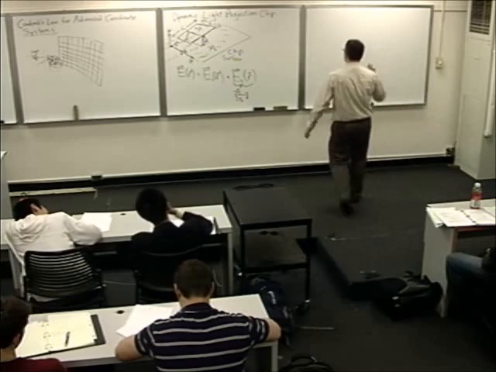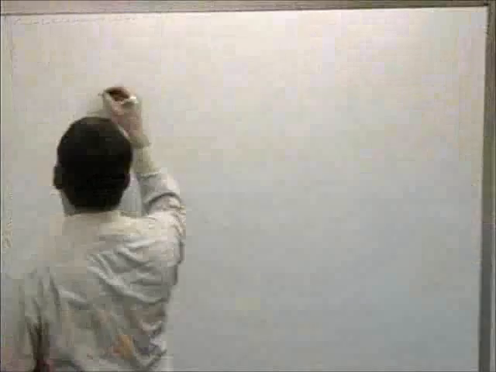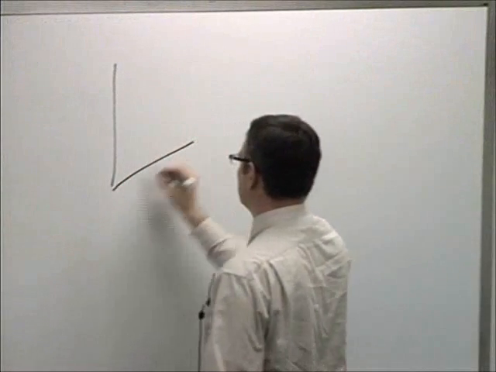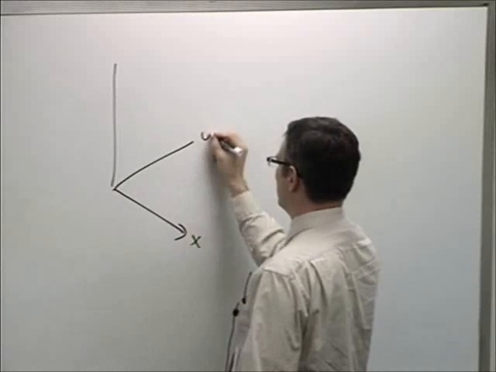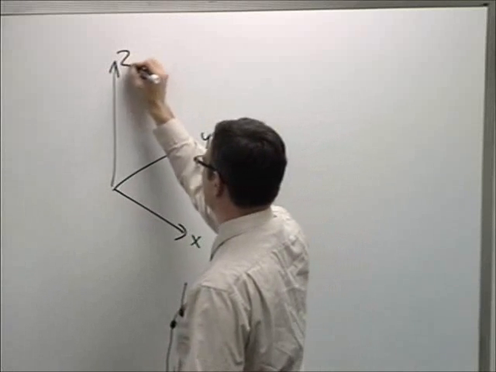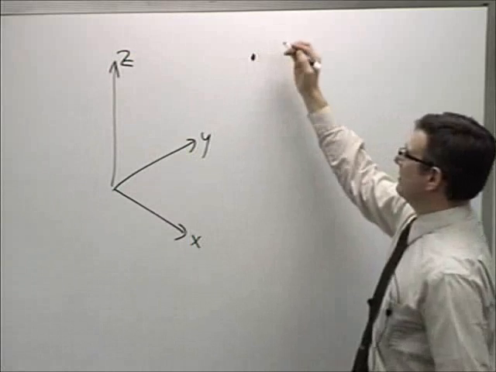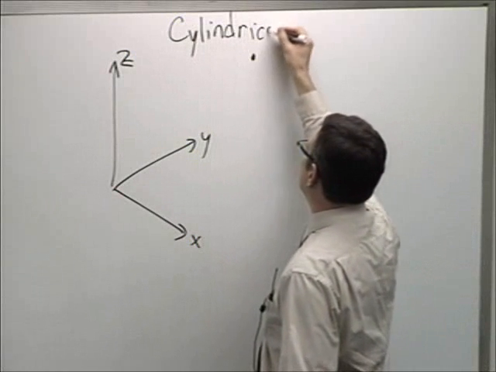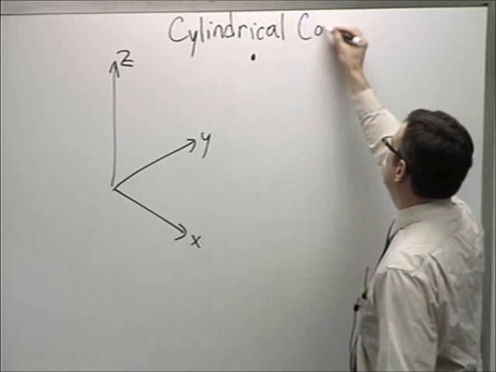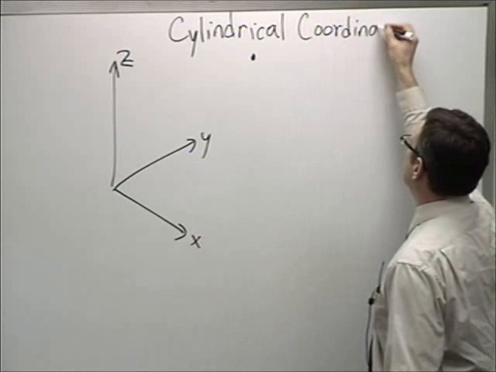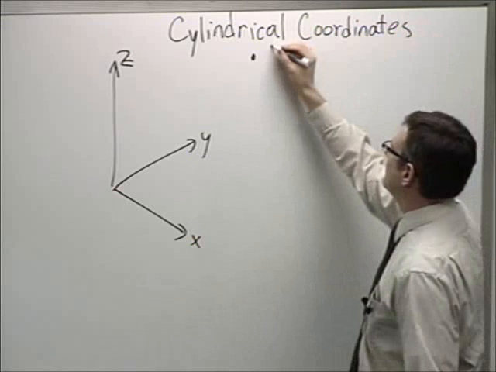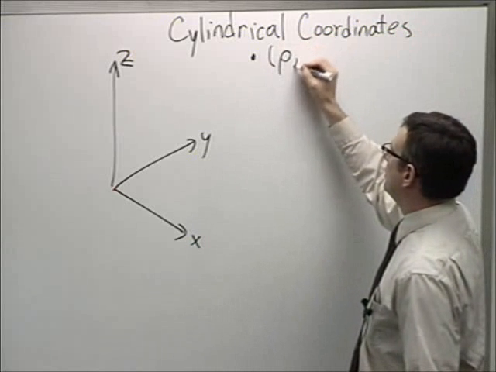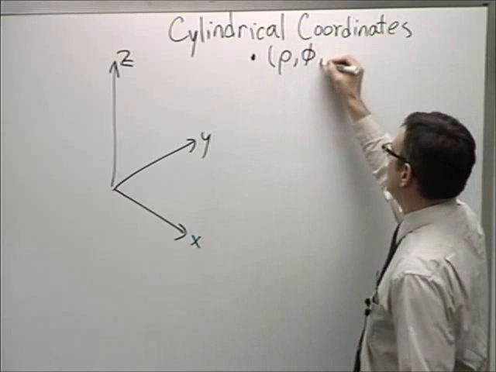Right? In electromagnetism, a point in cylindrical coordinates, so first let me draw my Cartesian coordinates to show the correspondence. A point in cylindrical coordinates is rho, phi, and z.